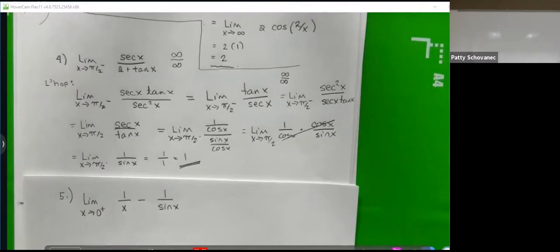Both the x and the sine of x are 0 when x is 0. So both become infinitely large. And we had to convert that from infinity minus infinity to either 0 over 0 or infinity over infinity by doing some algebra.